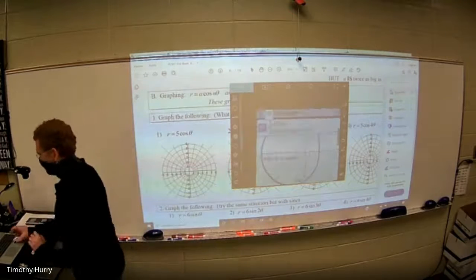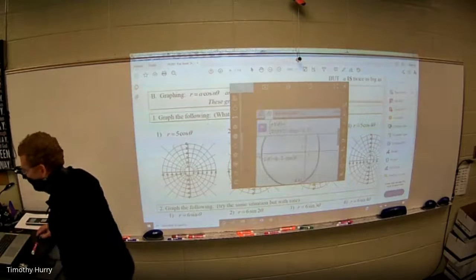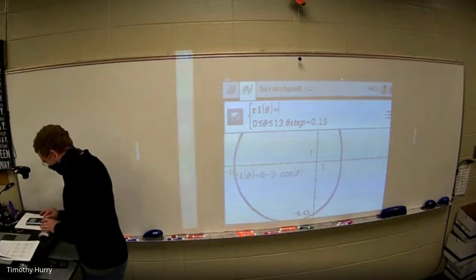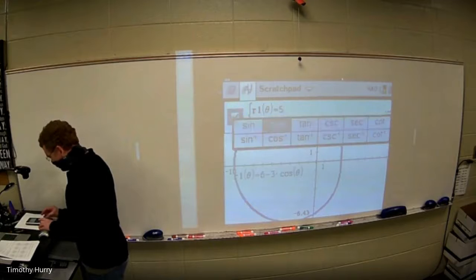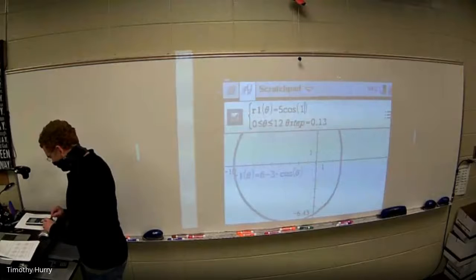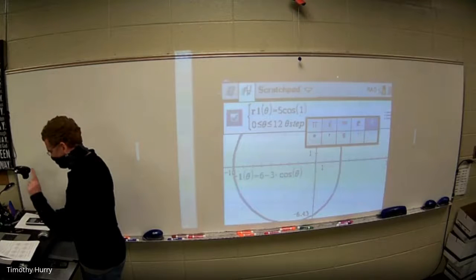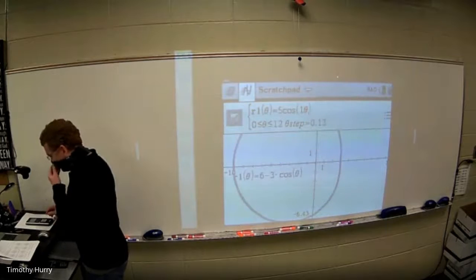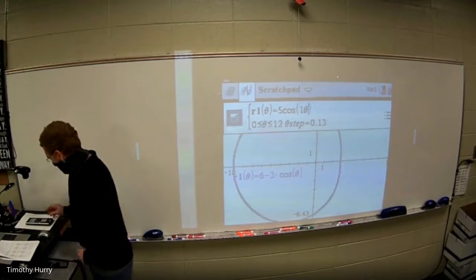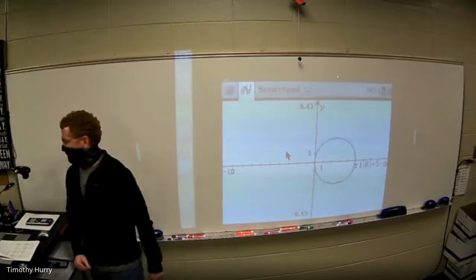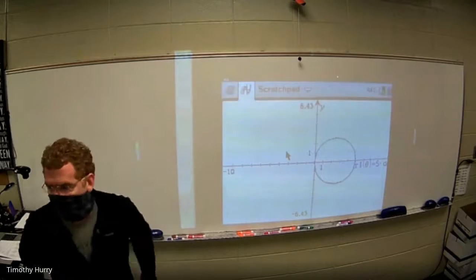So I'm going to blow this up a little bit, and I'm looking at 5 cosine theta. So 5 trig, put the number 1 in there, and then I'm going to put theta so that when I redo it, all I have to do. So right here, I'm just going to graph it initially, and you can see, bam, that actually is a circle.